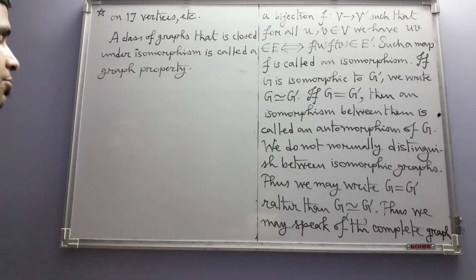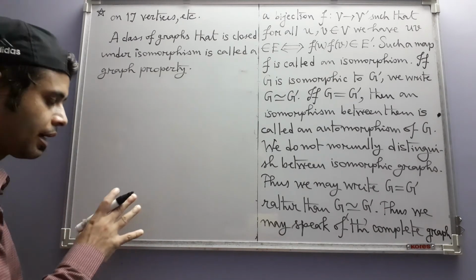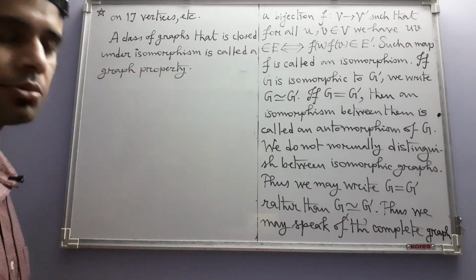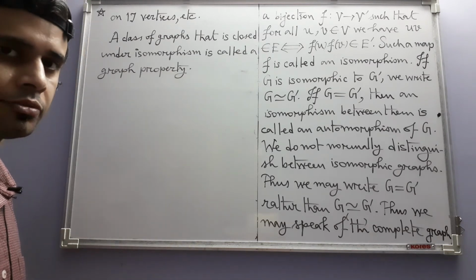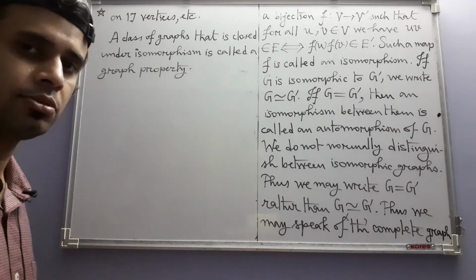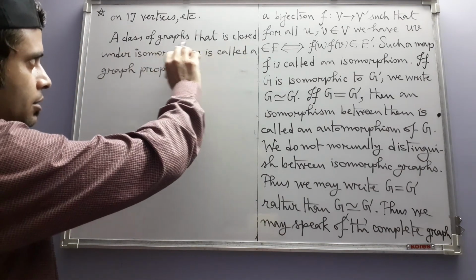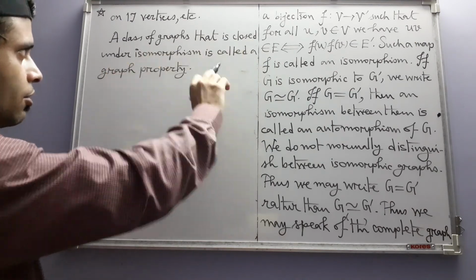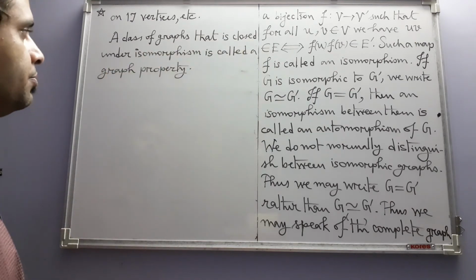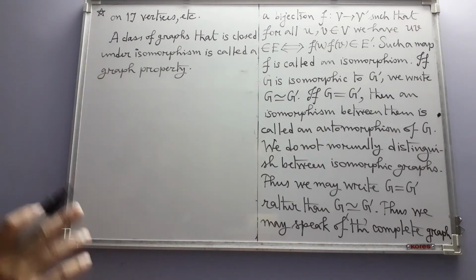Closed under isomorphism means if in that class you apply some isomorphism on one graph, you end up with another graph, and that graph also happens to lie in that class. That's what we mean by the class of graphs being closed under isomorphism. Then such a class represents a graph property.